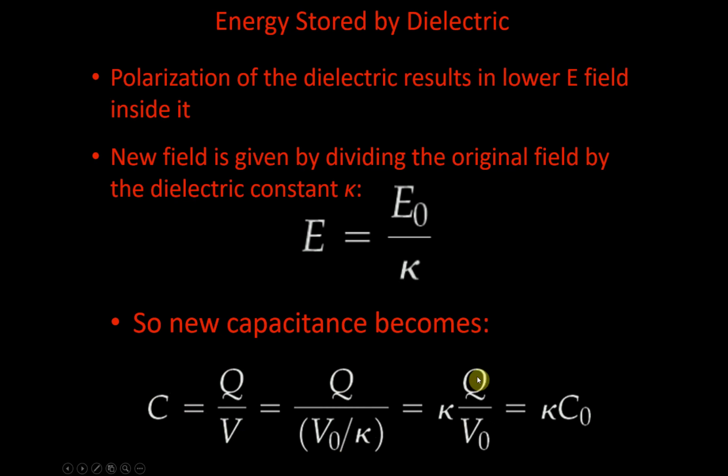This becomes K Q over V0, or C equals K times C0. So, just like E0 here, C is affected by K. So your capacitance essentially becomes the original capacitance multiplied by K.